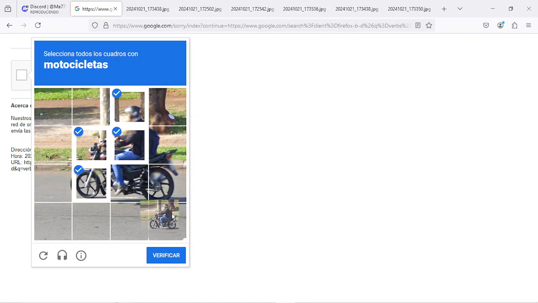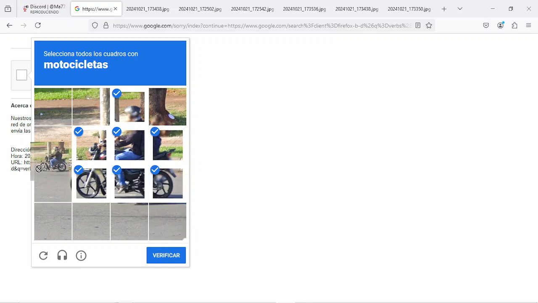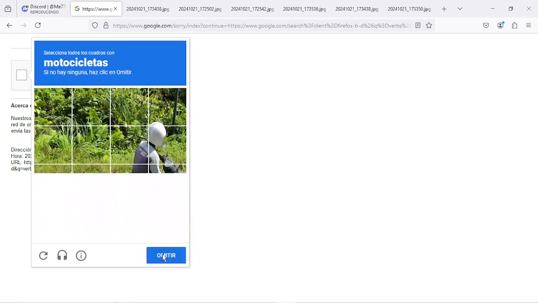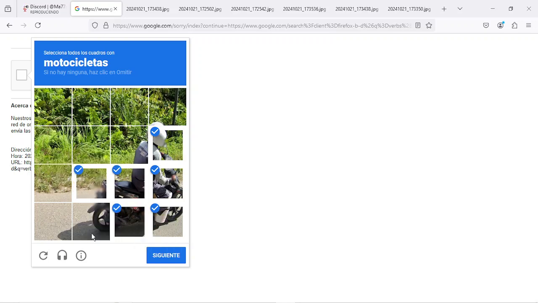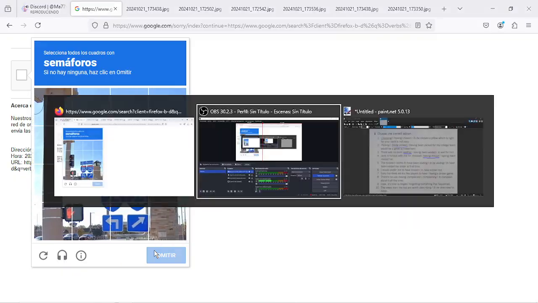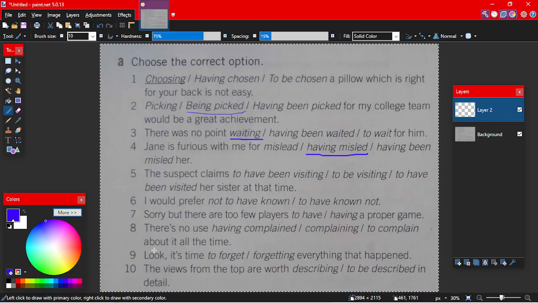But in the meanwhile, when you say having and then a verb in the third form, in the past participle, that means that you did something in the past that still has consequences now. Jane is furious with me, that's a consequence that is still ongoing. The writer misled Jane in the past, but now there are still consequences of that.